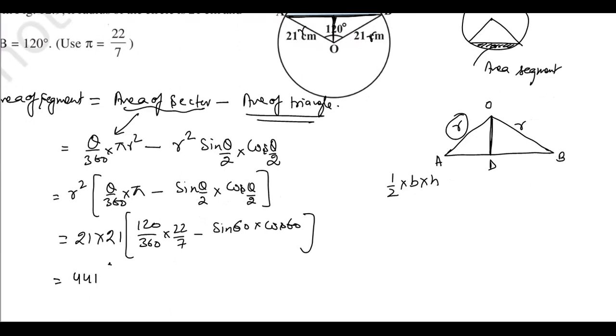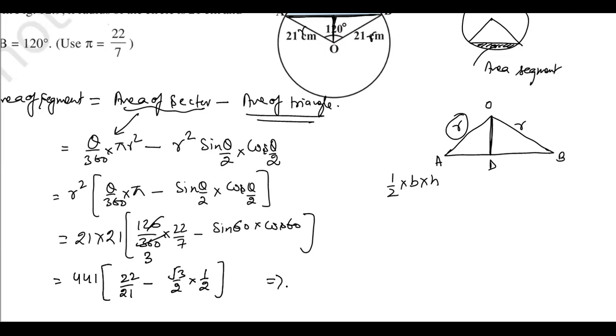441 into this, you can cut it, 1 upon 3, and this would be 22 by 7. So you will get 22 by 21, 7 3s are 21, minus the value of sin 60, which is root 3 by 2, and the value of cos 60, which is 1 by 2.